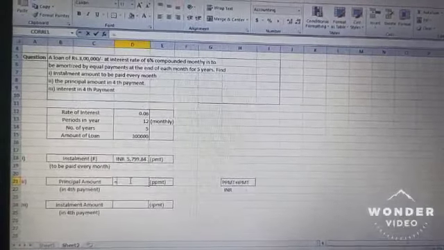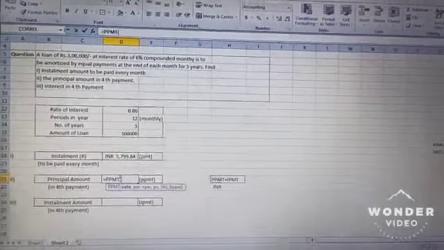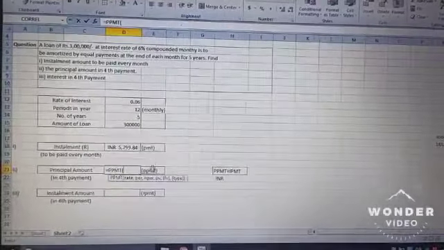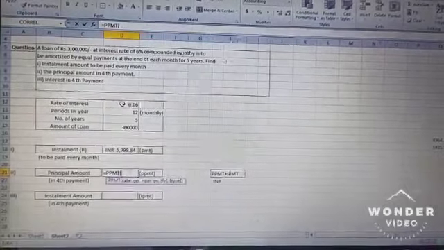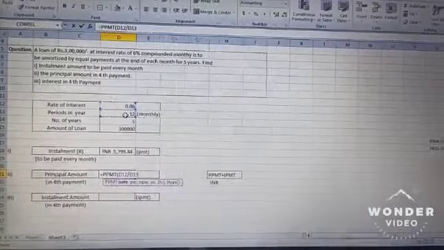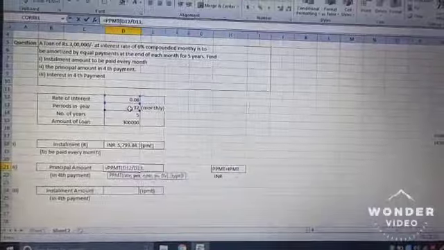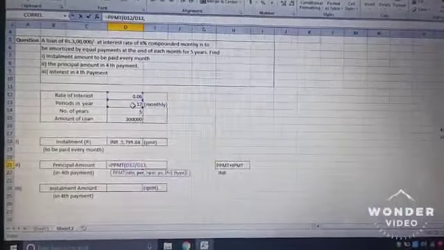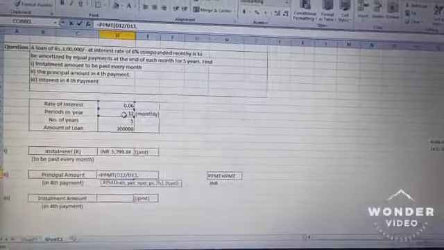So to find out the principal amount in the fourth payment, we'll use the formula PPMT, open the brackets. The things that we have to write are almost the same. Rate of interest divided by 12 because it is compounded monthly. Next is PER, that is period. For which period or which payment are we calculating the principal amount? That is 4.